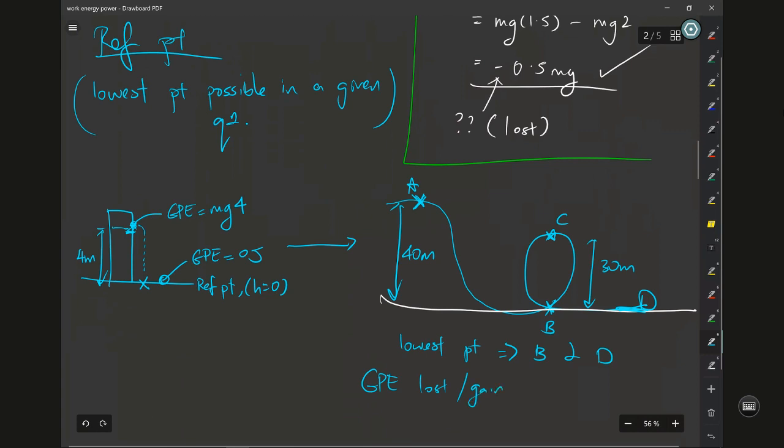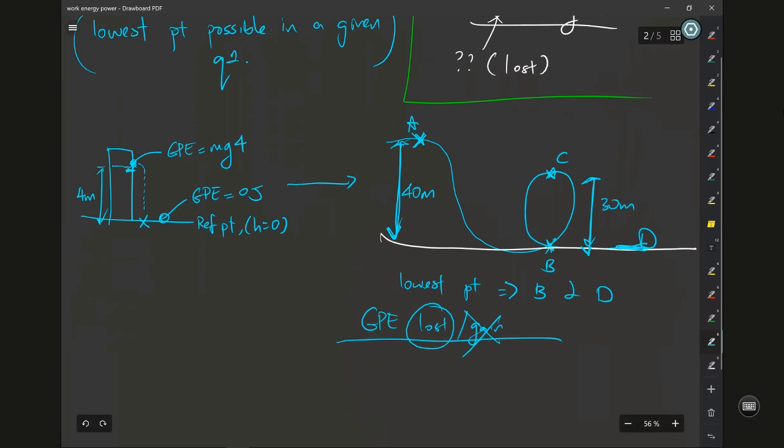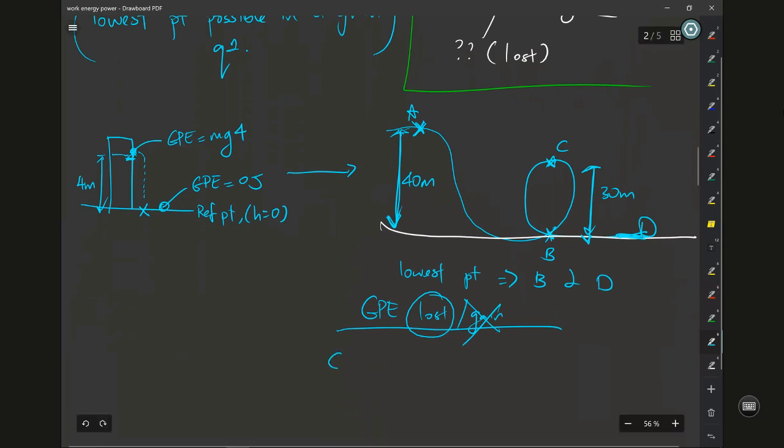Okay, so we see that at point A the height was 40 meters, at point C the height is 30. So obviously there's a loss in height. Loss in height would mean that GPE is lost, not gained. All right, so we'll come back to this question later. But anyway, let's find the GPE at A first. Let's find the GPE that is lost.